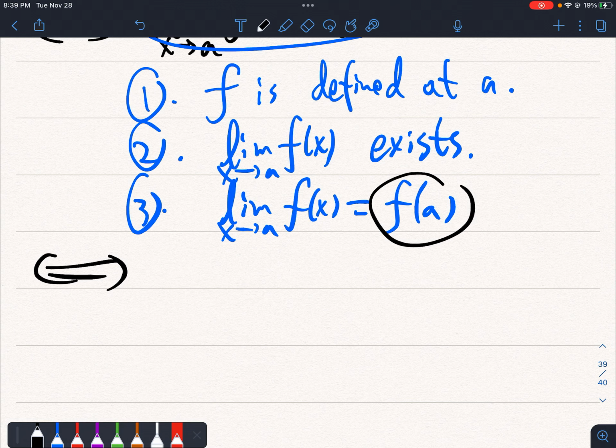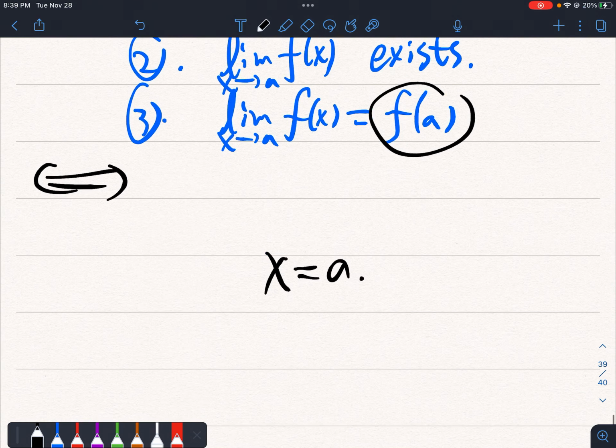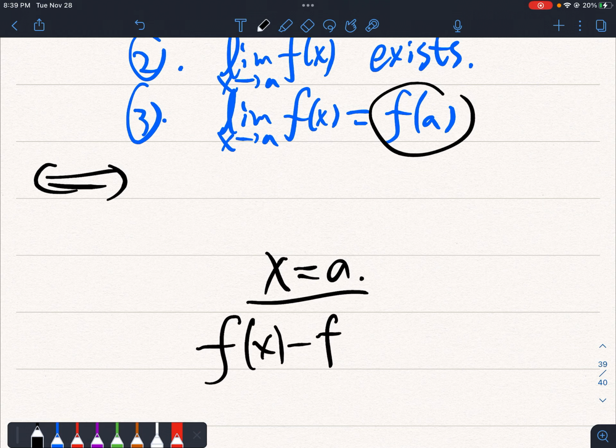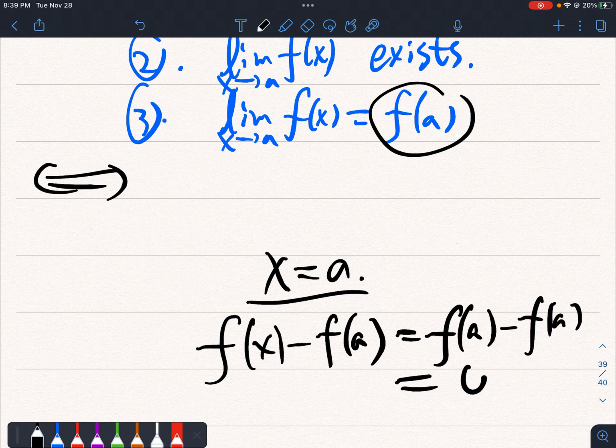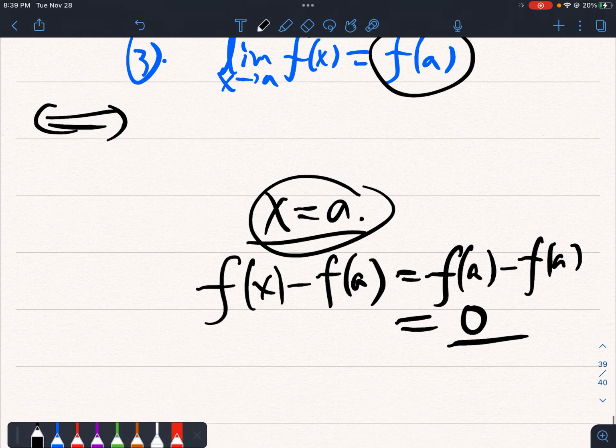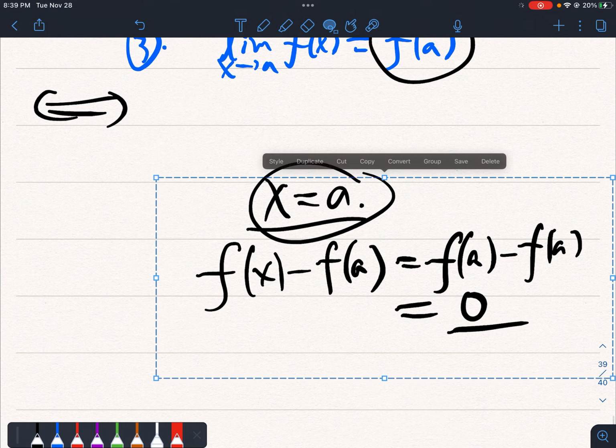If you consider the difference, it is equal to 0 when x is equal to a. Does that make sense? Because when x is equal to a, f of x minus f of a is f of a minus f of a, which is always 0.